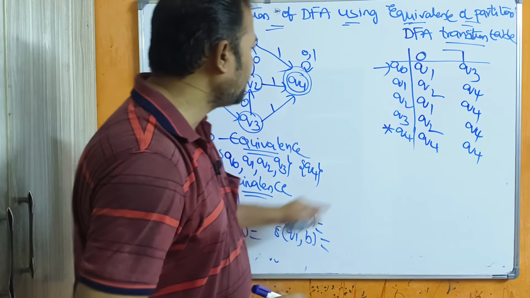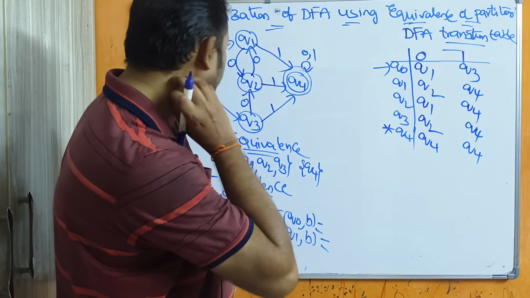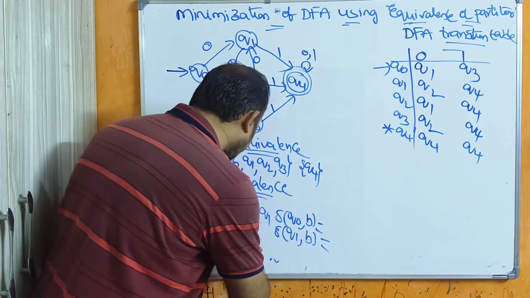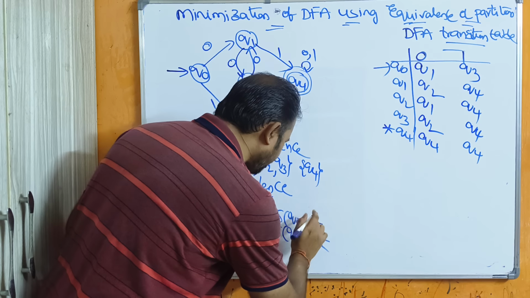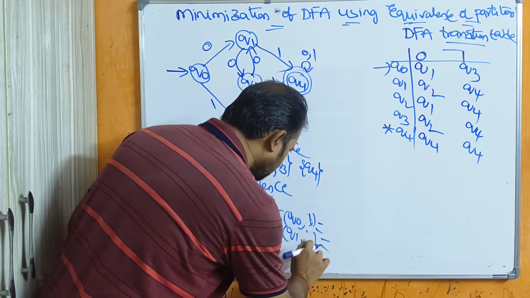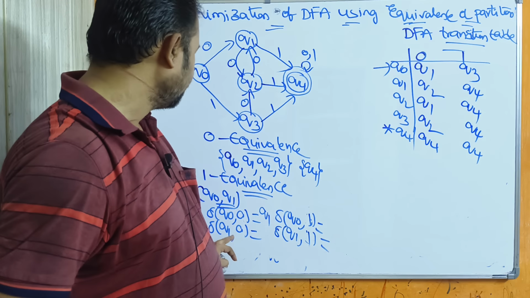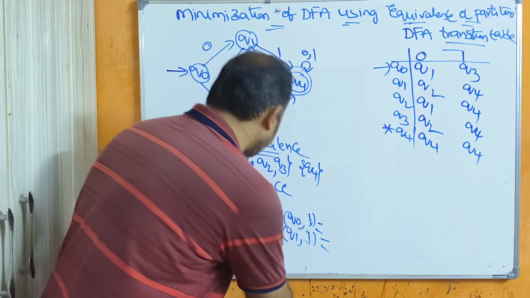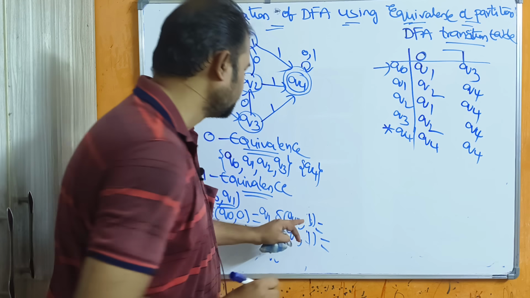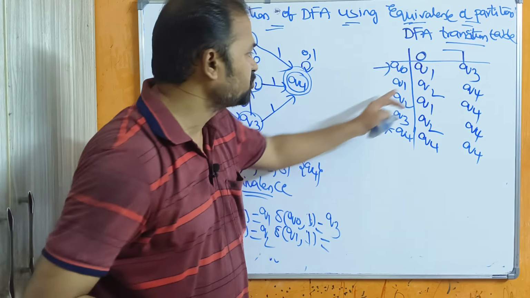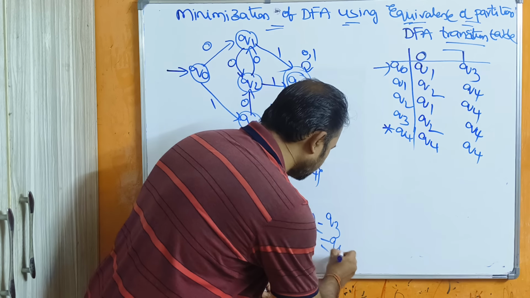Next Q1 on A, Q2. Here A is 0, and in place of B we have to write 1. So Q0 on 0 is Q1, Q1 on 0 is Q2, next Q0 on 1 is Q3, next Q1 on 1 is Q4.